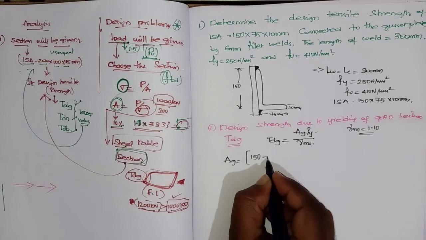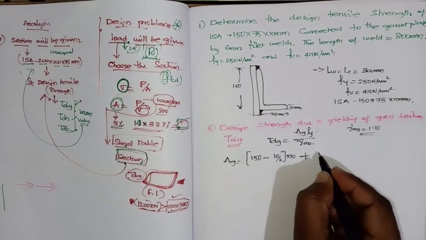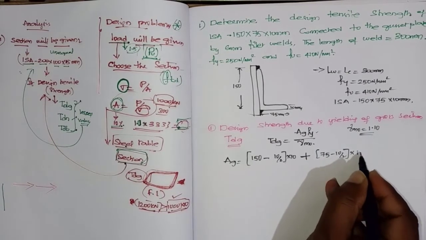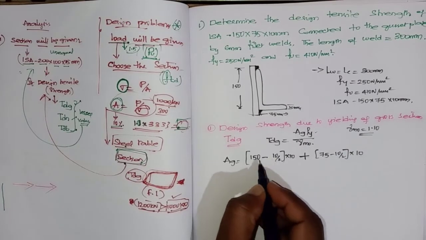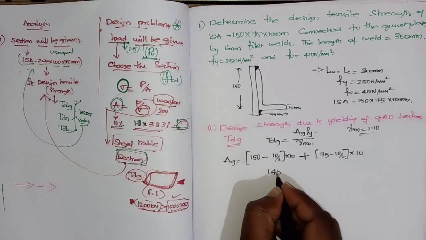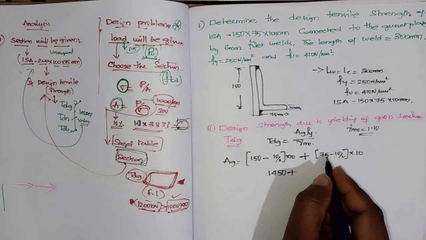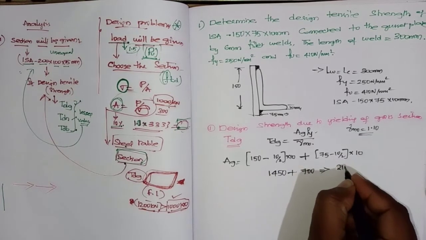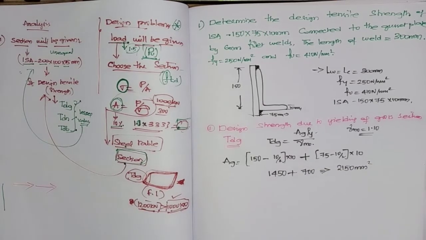So 150 minus 10 by 2 into 10 plus 75 minus 10 by 2 into 10. 10 by 2 means 5, 145 into 10 means 1450, plus 75 minus 5 means 70 into 10, 700. So the total will be around 2150 mm square. This is the area obtained.